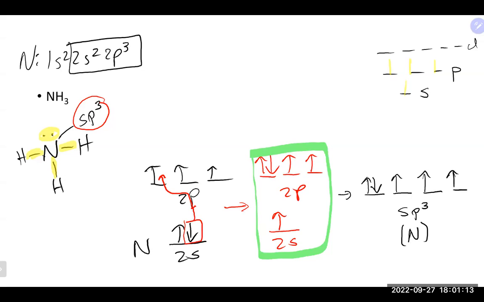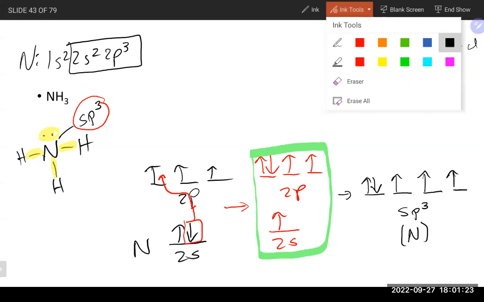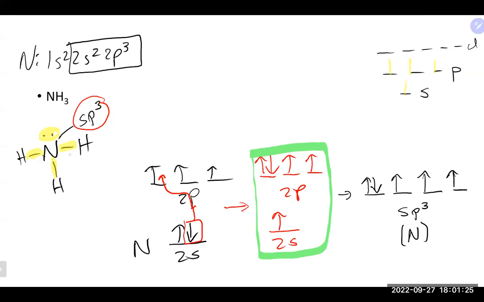At this point, we can now account for all the bonds and everything that we see around nitrogen. We'll call this bond right here bond number 1, just for the sake of argument. Bond number 1 would be between our nitrogen and a hydrogen 1s orbital.